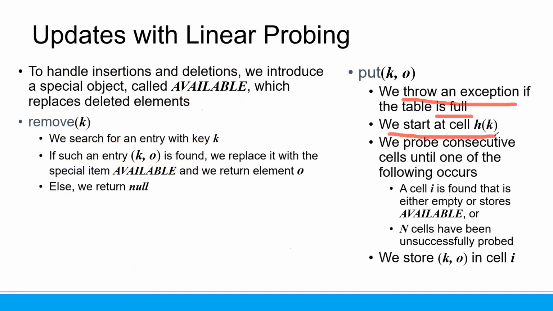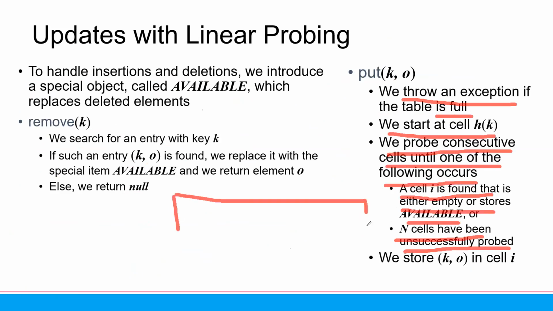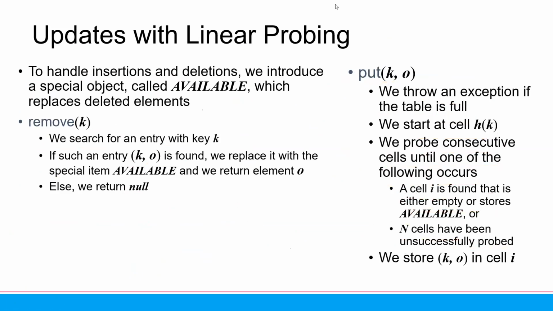We start at the cell h(k) and then probe consecutive cells until one of the following occurs: the cell i is found to be either empty or storing available, or n cells have been unsuccessfully probed. So when we are putting the value, let's say this one is already filled.